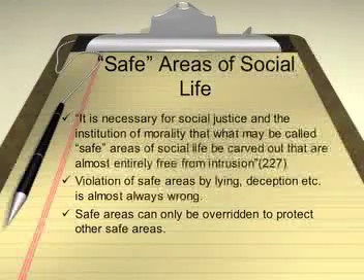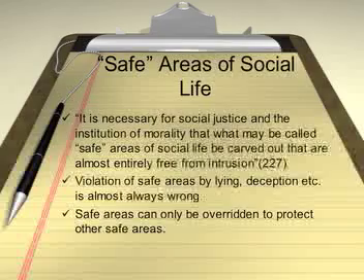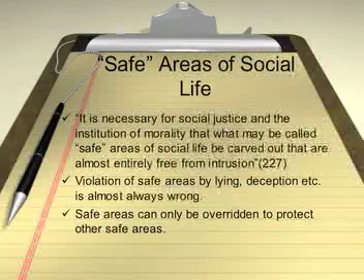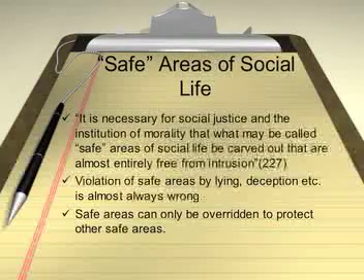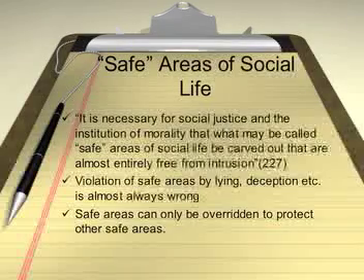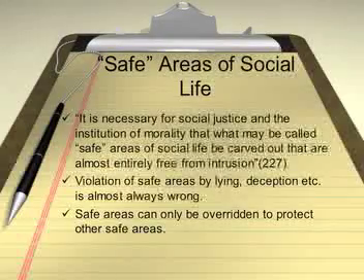So for Pinkard, any sort of violation of that safe space is going to require some sort of justification beyond "this is useful." So violation of safe areas by lying, deception, etc. is almost always wrong. And safe areas can only be overridden to protect other safe areas. So essentially, he's giving a different sort of view of this notion of rights.